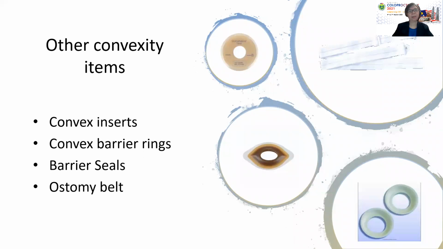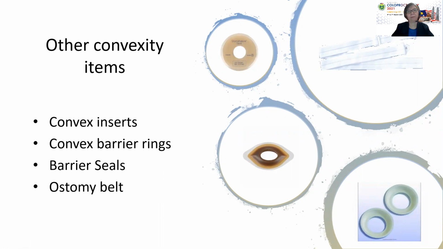Okay, other convexity items such as convex insert. This is a convex insert, and convex barrier ring, which is quite common nowadays. And some companies have barrier seal, and also ostomy belt. All these items will help with the convexity. For convex insert, I think not many of you have seen. I have used it before in the 1980s and 90s.